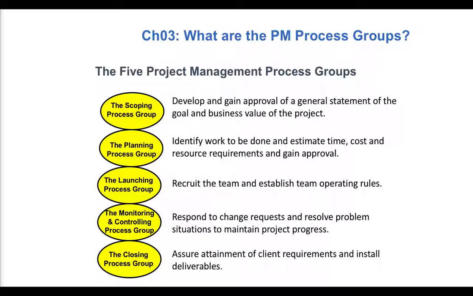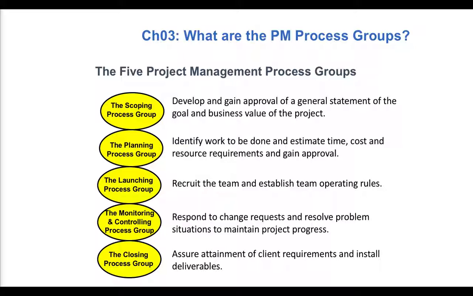The next step is the planning process group. So we identify the work to be done and estimate the time, cost and resource requirements. We gain approval for that. So the output of the scoping process, the first one, is our project overview statement, our POS.